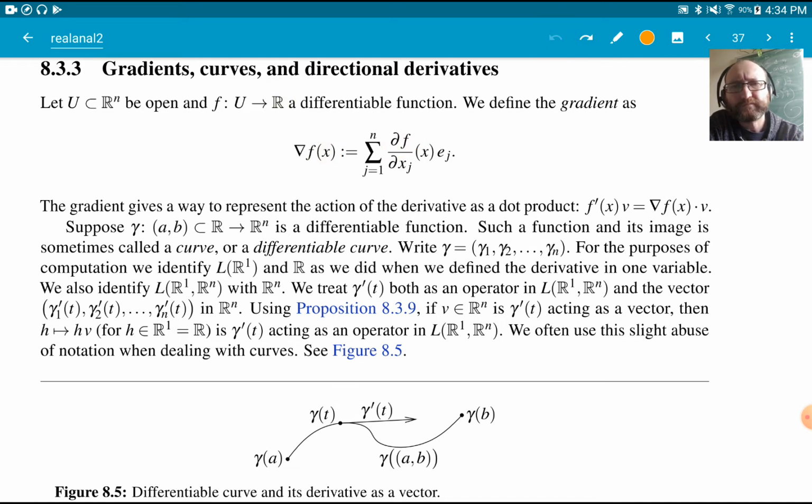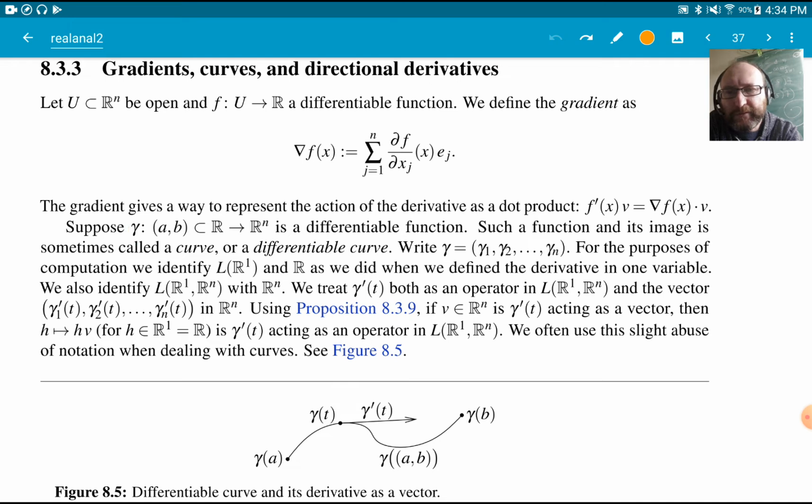So it's going from Rn to R, right? But we could also do the opposite. We could go from R to Rn, or really, some open subset being some interval, right?